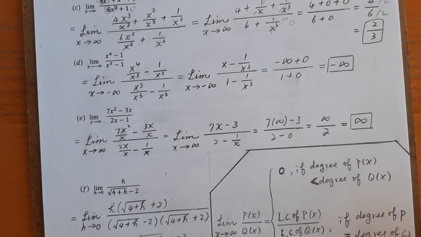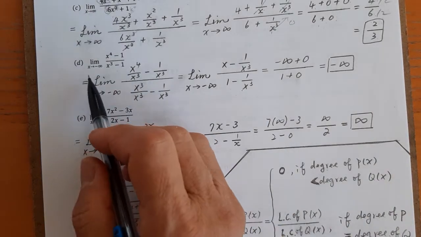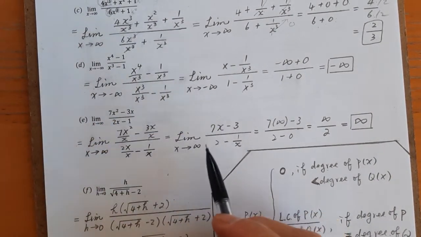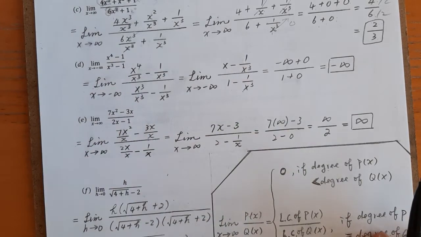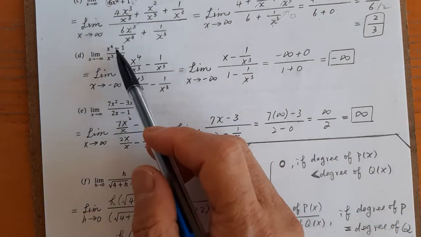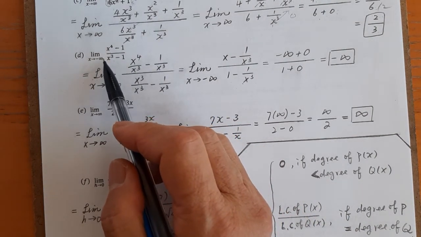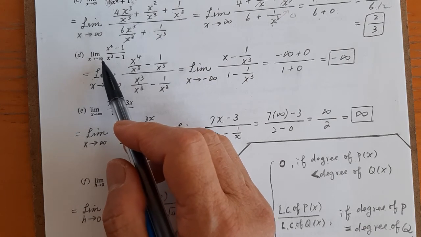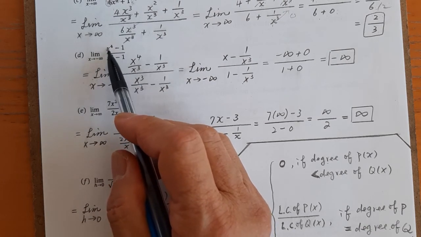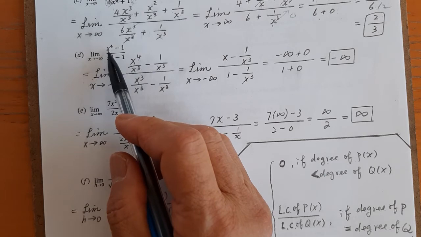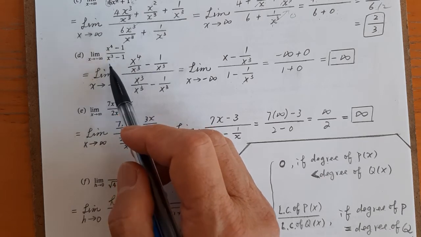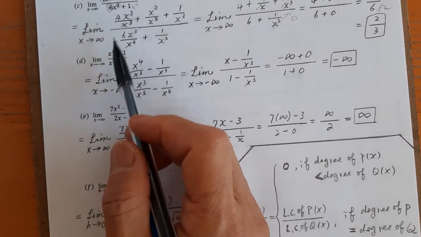Now D, also x approaches negative infinite. Here it approaches negative infinite. The numerator degree is higher than the denominator. That means when x approaches negative infinite, the numerator goes faster than the denominator because the degree is higher.